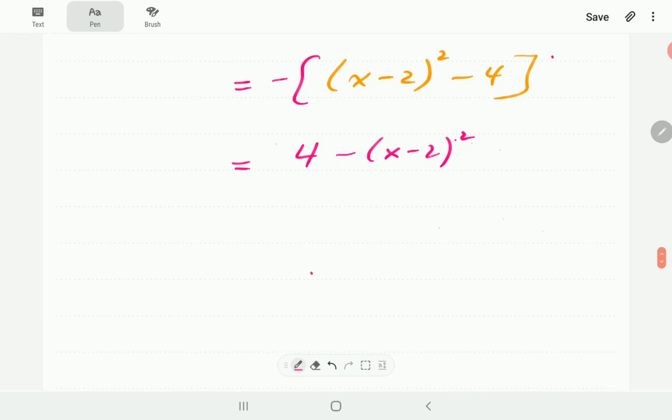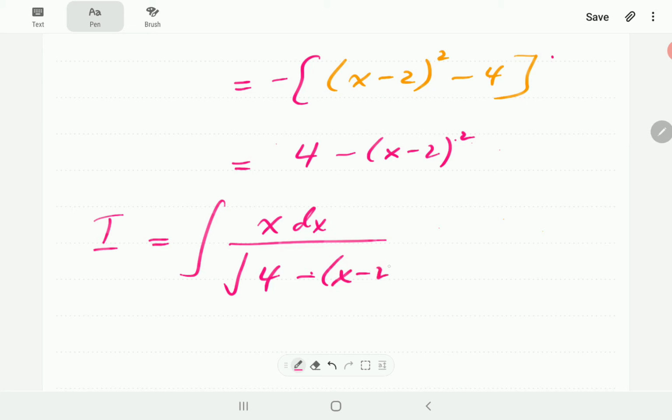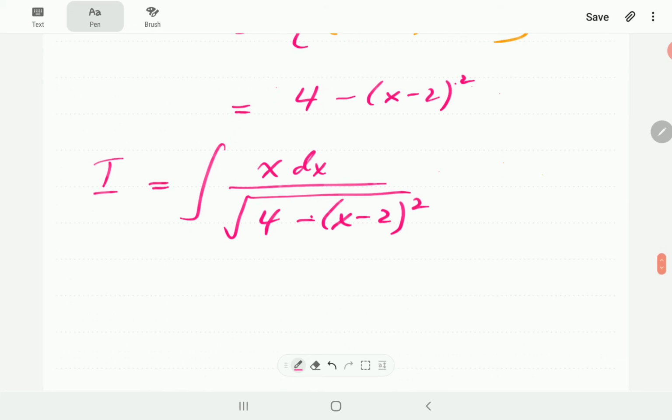is going to be equal to the integral of x dx divided by the square root of 4 minus (x minus 2) squared. And then as before, we're going to make u the term inside the squared brackets. So this time u is going to be x minus 2, and then du is just going to be dx, because the derivative of the right hand side is just 1.